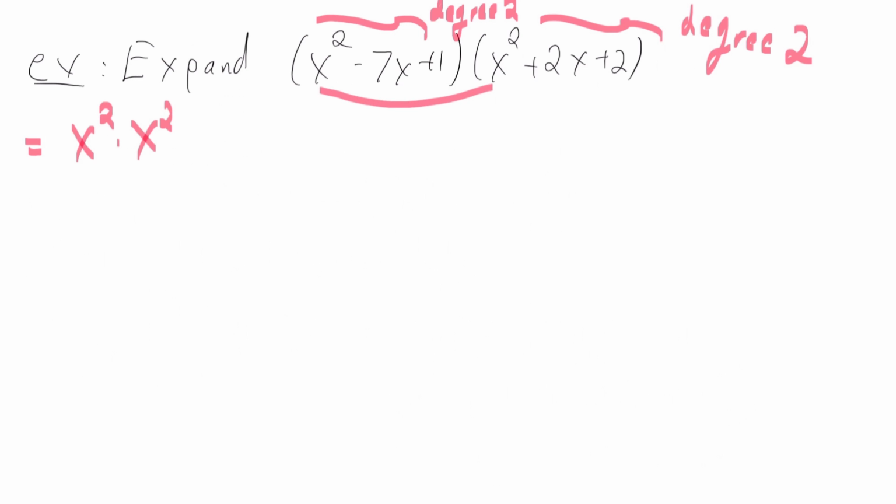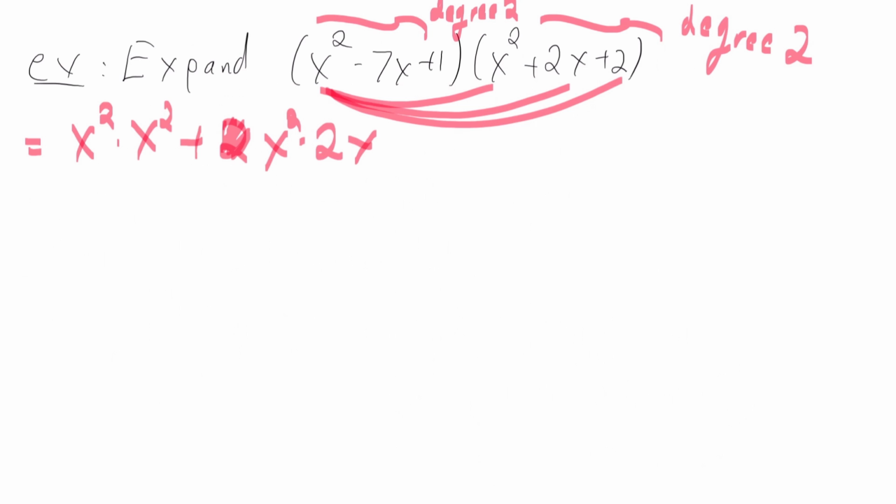I'll send this guy to all three of them. So plus x squared times 2x plus x squared times 2. And then I'll play the same game for the minus 7x and the 1.